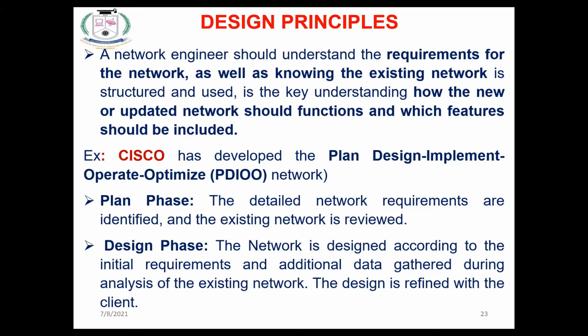Plan means you are planning. So before that, in the design principle, it is verify, determine, develop, then create the plan. After that, Cisco has a planning phase, a design phase, then they implement in that network, then operate. Implement is testing, then operate means fully functional, then optimize.